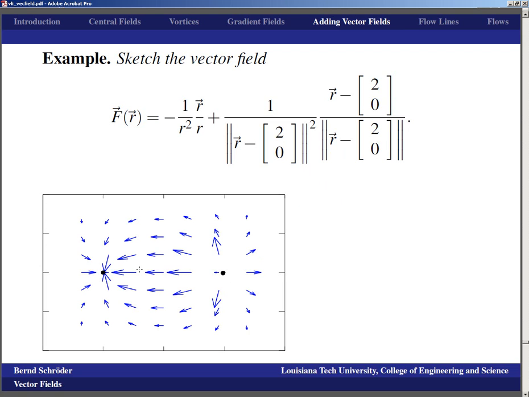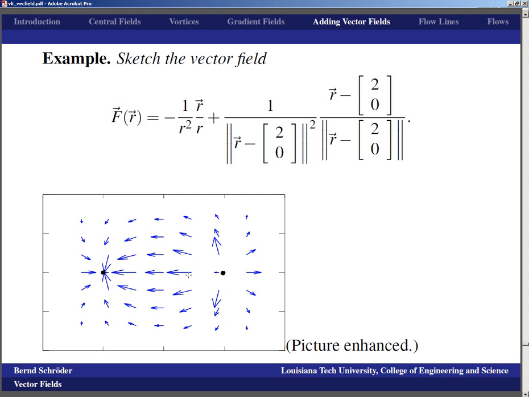And what we can see is that we have this central force field here of this negative point charge where the arrows are pointing towards the center, and this central force field here of the positive point charge where the arrows are pointing away from the origin, and then they add to each other to something that looks sort of like things would flow in these directions from the positive charge to the negative charge. And the picture certainly is enhanced.